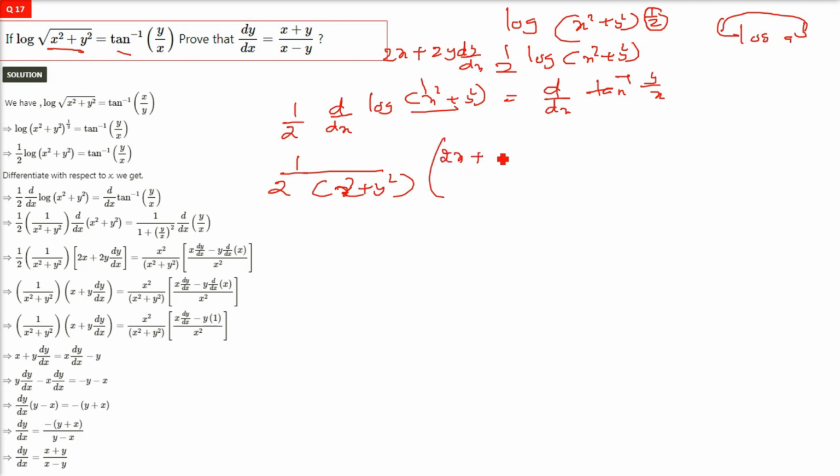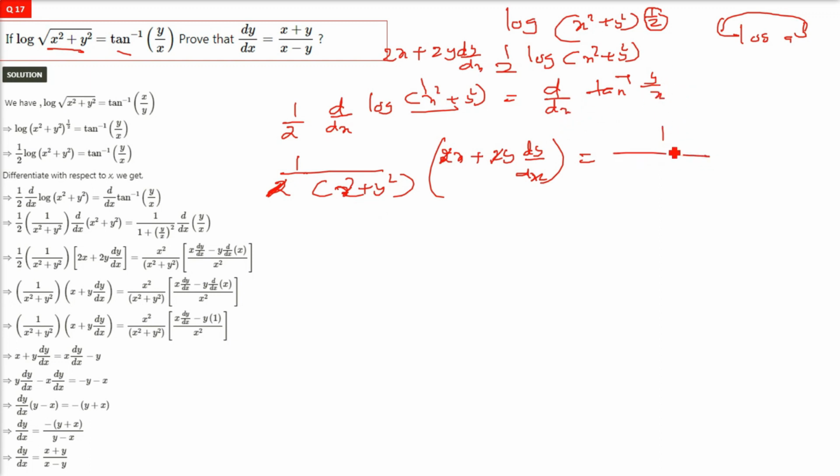So 2x plus 2y dy by dx is equal to, first thing is there are 2's, so you can take 2 common here and cancel it out. You know, it can always be cancelled. And this is equal to, and on the right hand side, certain things are going to come which can be cancelled from the left hand side.